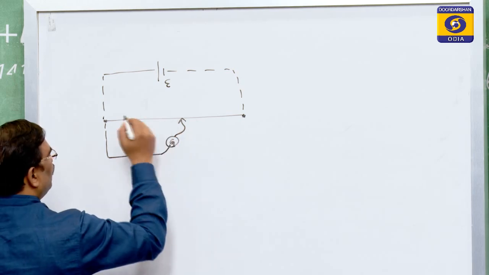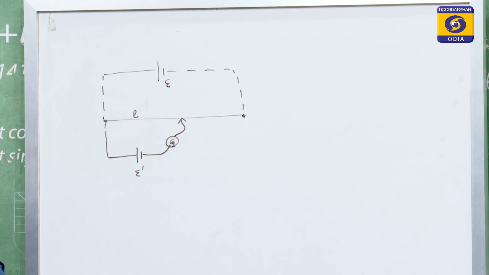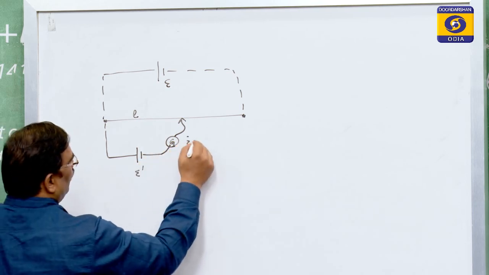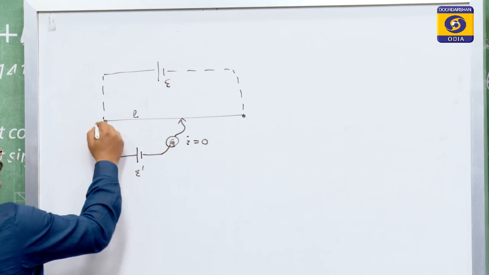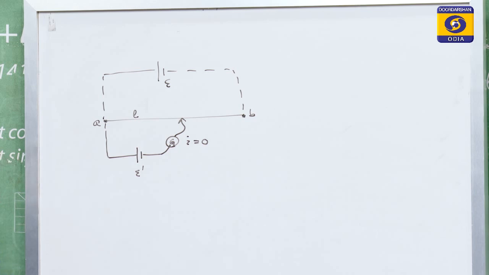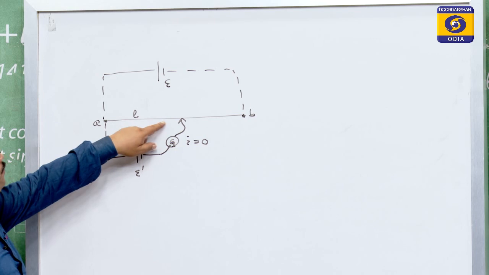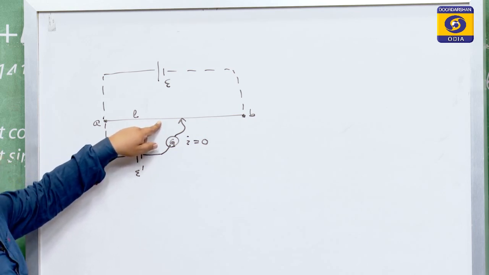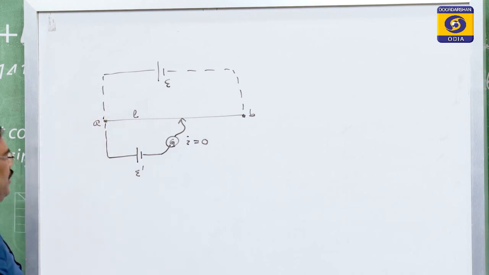Let at a length L, the current through the galvanometer I become equal to 0. This wire between A and B is the potentiometer wire of a desired length. We can take a higher length to lower the least count of this potentiometer, to measure smaller and smaller voltage by using the potentiometer.